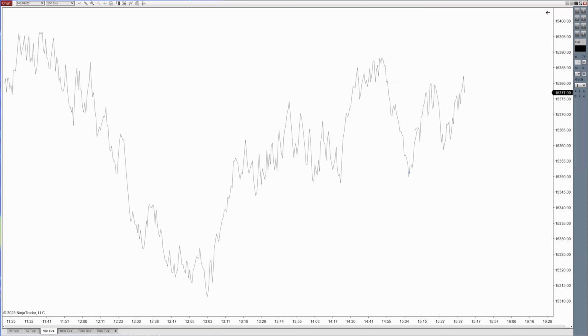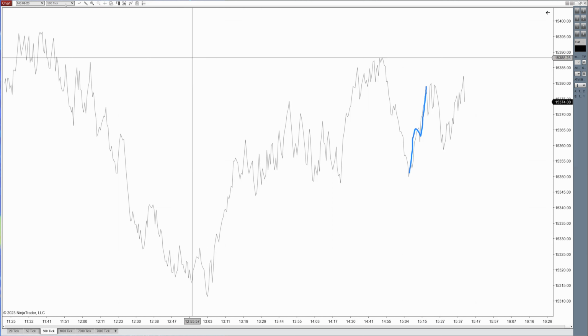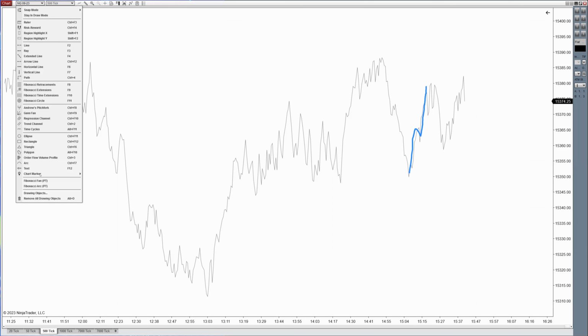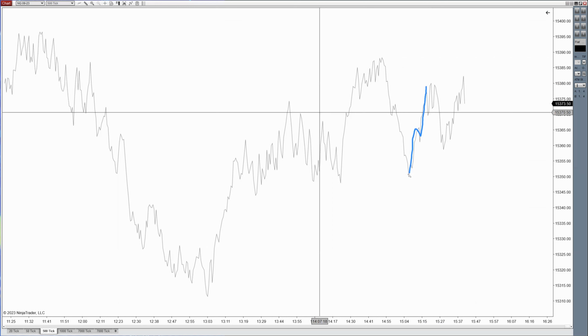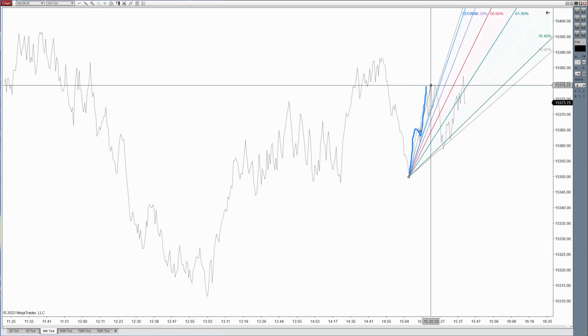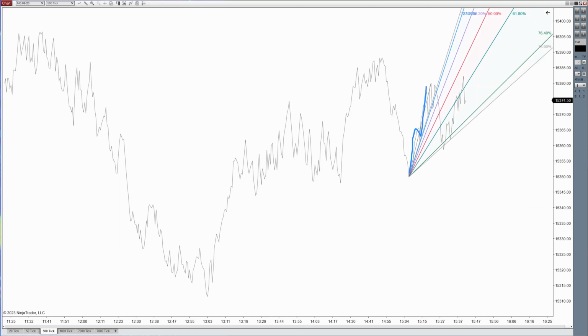You got your 100% here, and go and take your fib fan from your low here to your high there, and then use that 76.4% as a zone for buying into the setup.